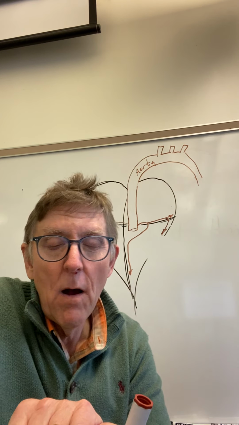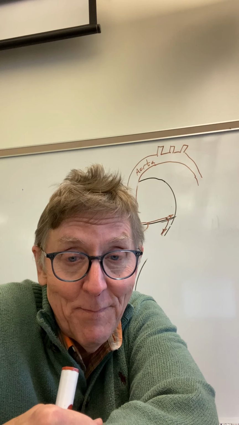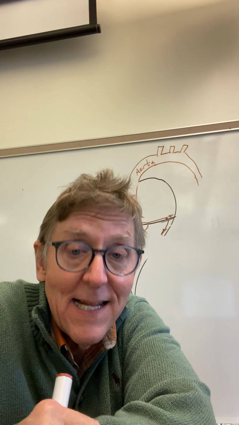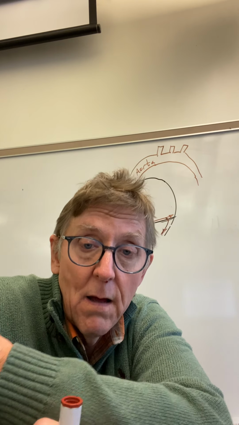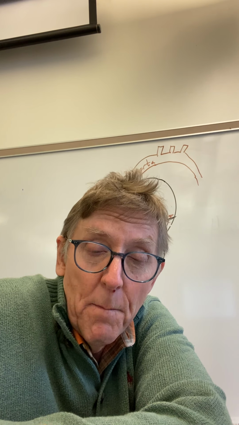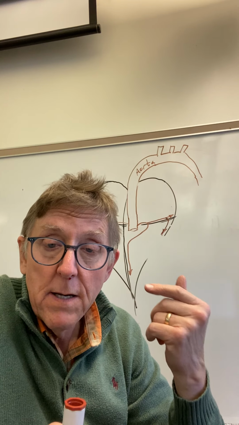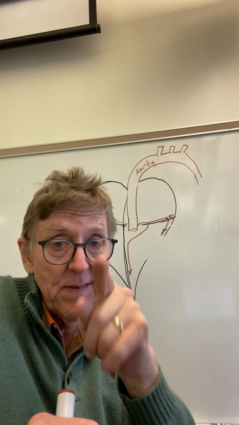And so if you say, okay, so what is being taken care of by the left coronary artery system? It's going to be the front of the heart and the left side.